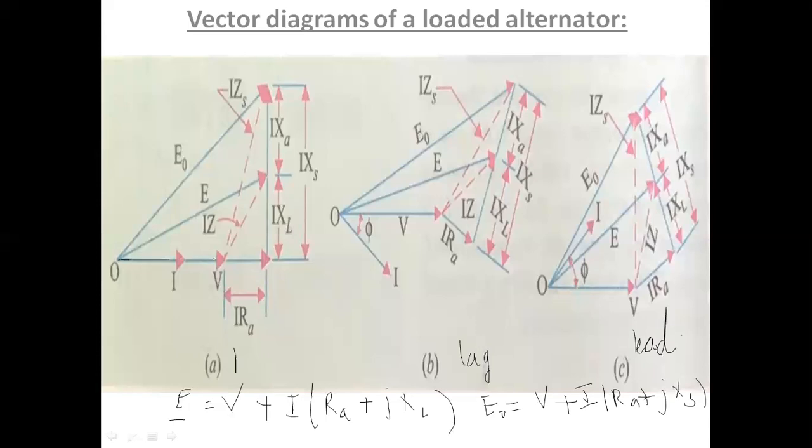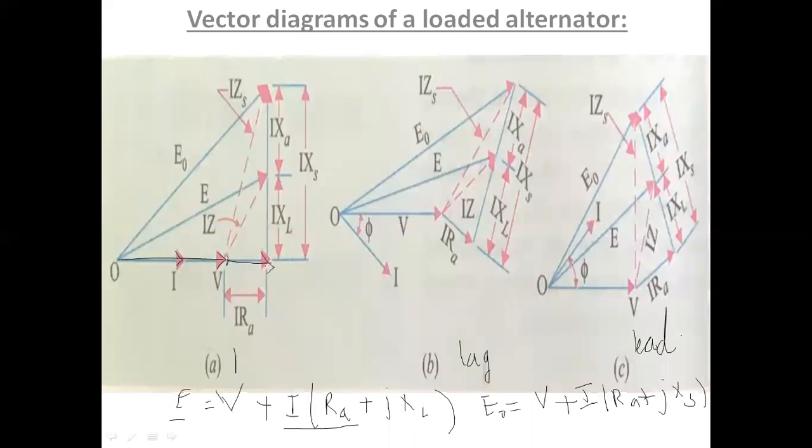So V here, and in the same phase we have to take I. Next, for forming E, I have to add the IRA drop to V. The IRA drop will be the same as I, following the I. So from the end of V, I have to add the IRA drop like this, in the same direction as I.